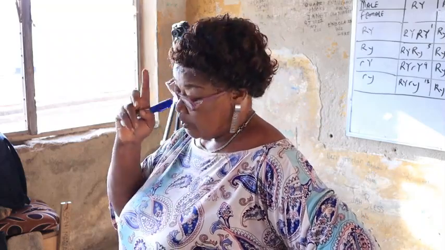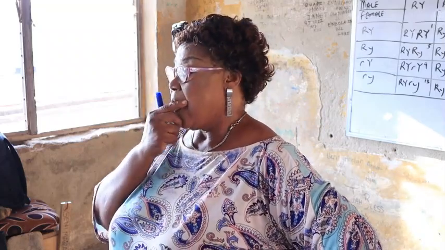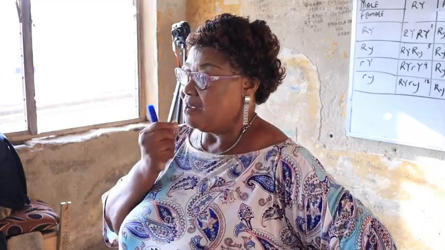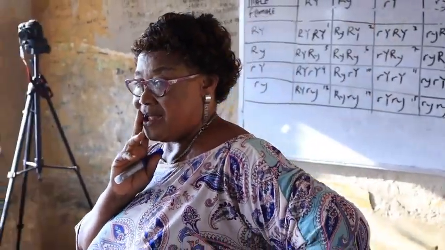And another one, 2 are homozygous for round and heterozygous for yellow. You've done it in your school. 2 and 5. Please study this well. Then, 2 are heterozygous for round and homozygous for yellow: 3 and 9.